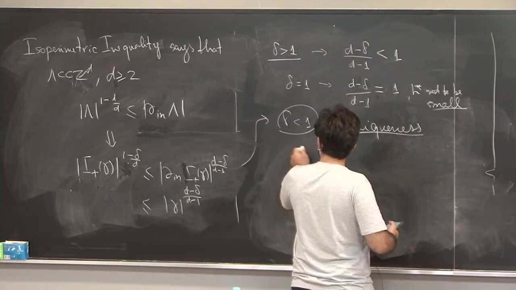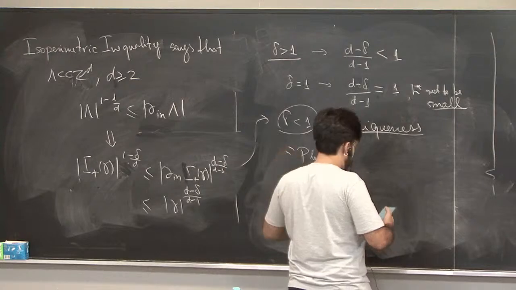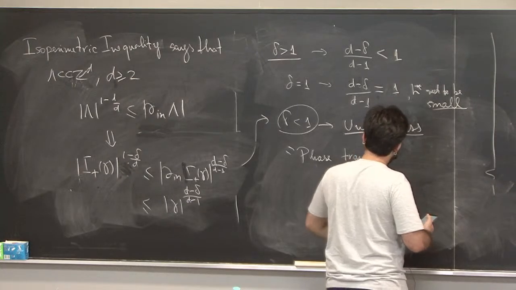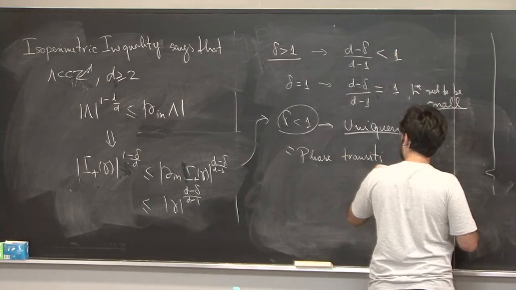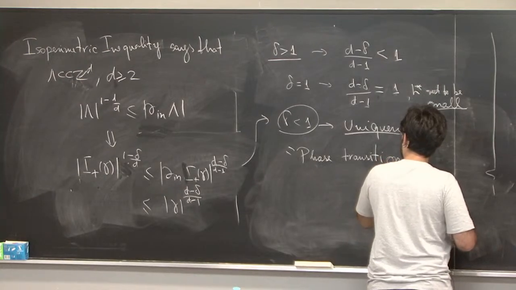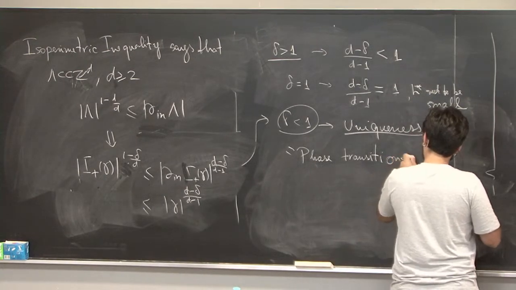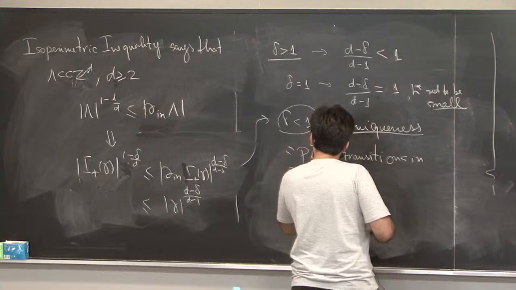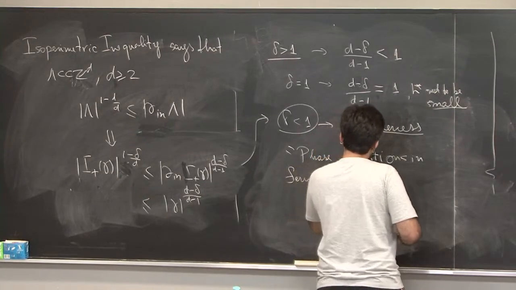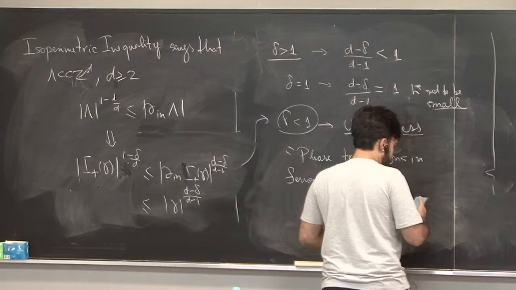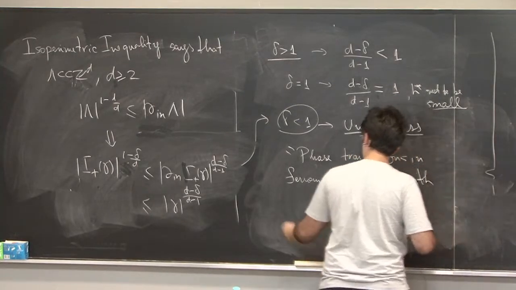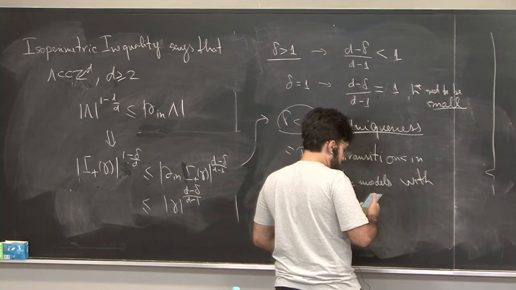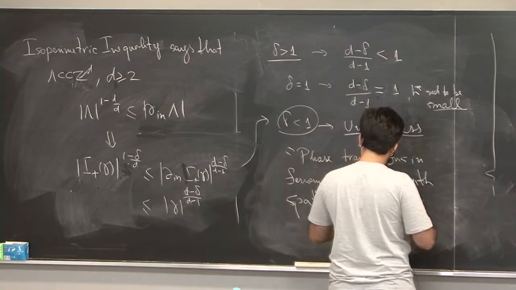If you want to check the proof for this case, there is a proof for beta large, phase transition in ferromagnetic models with spatially dependent magnetic field.